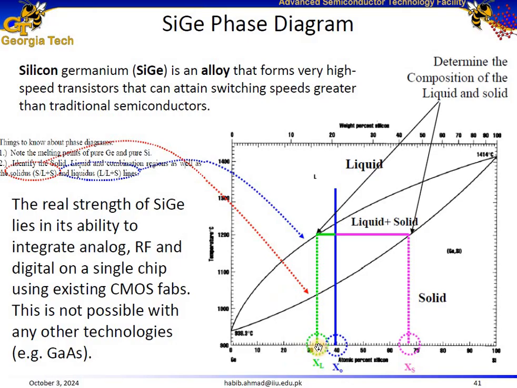So this is 33%, and this is 67%. It means that the part of the material which is solid has 67% silicon. In the mixed phase, we have 67% silicon and 33% germanium. So let's move on to the next slides.